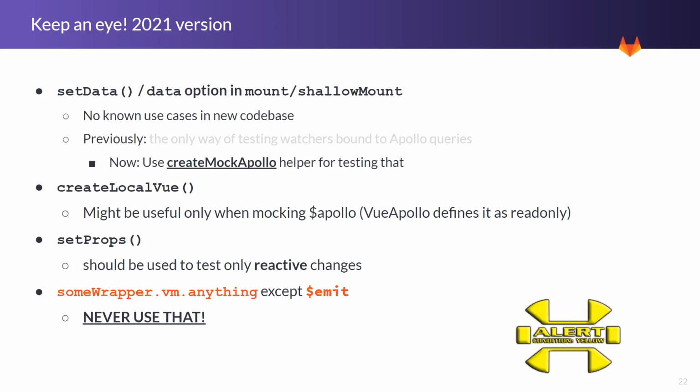Unfortunately, in Vue 2, we have no way to verify that this event is correct. This will be fixed in Vue 3 with the emits property on the components. But in general, please never write .vm.anything, no matter whether in expect or in an assignment to put the component in some kind of required state.